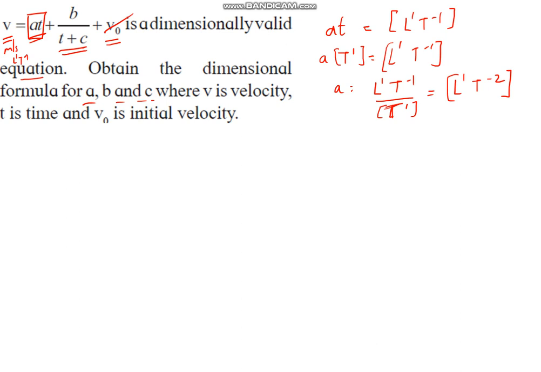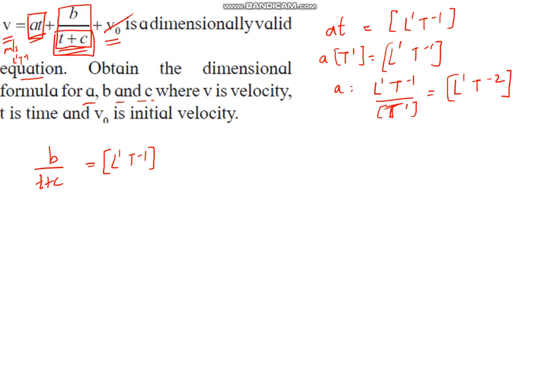Let us go ahead with this term, B upon T plus C. Okay. So B upon T plus C will again have the same dimension, which is L1 T minus 1. Now before going on to solve this, let us talk about this denominator part.